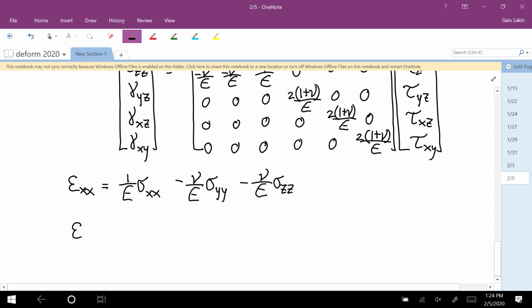And so we have EYY is equal to negative nu over E sigma XX plus 1 over E sigma YY minus nu over E sigma ZZ.